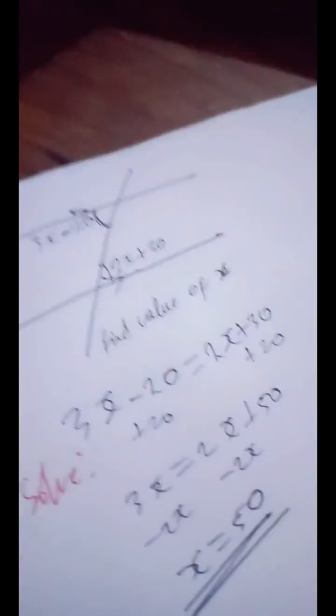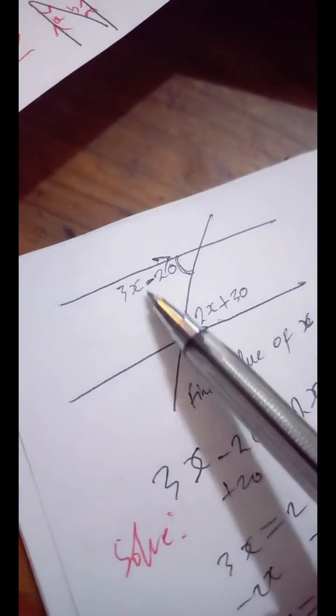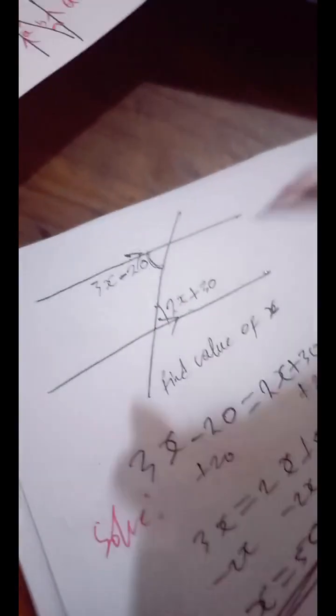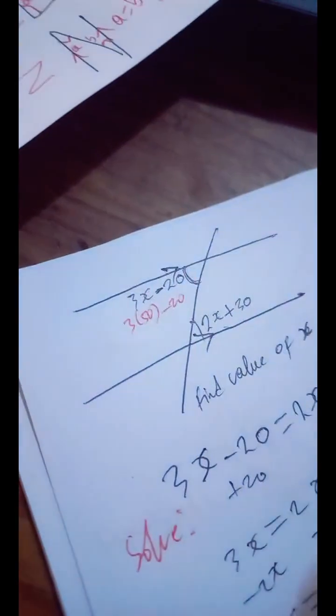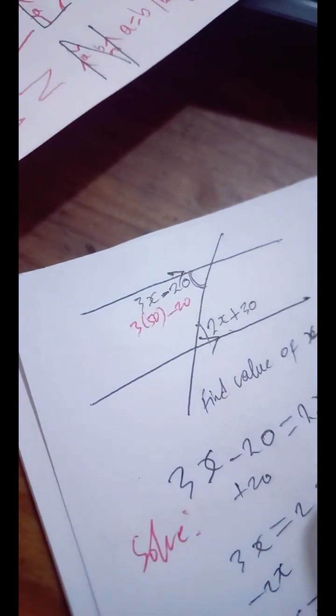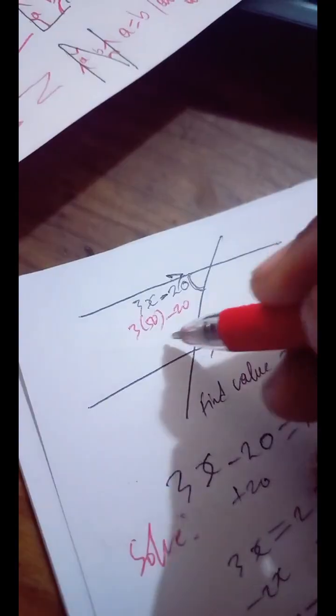Alright? So when you get your 50, if you want to find the value of each angle, you say 3 bracket 50 bracket minus 20, which is 150 minus 20, 130.